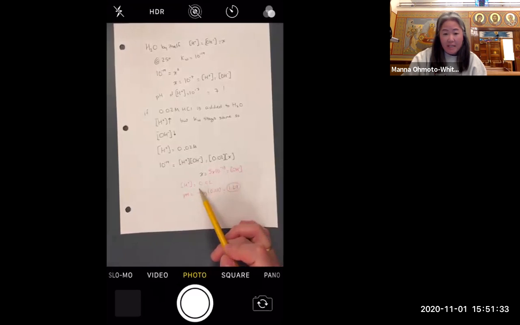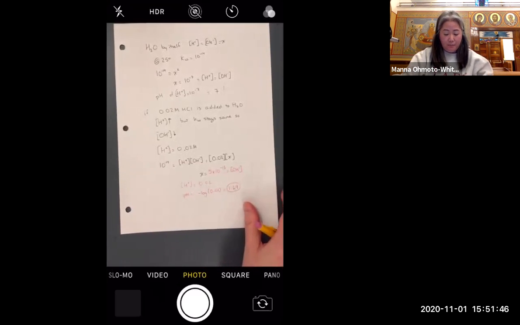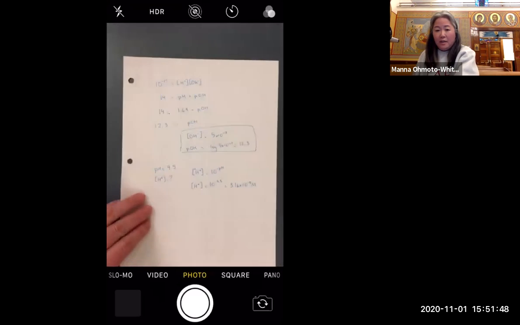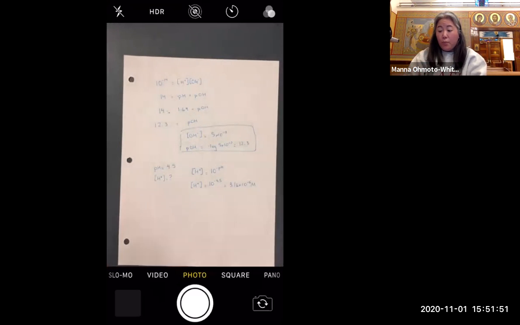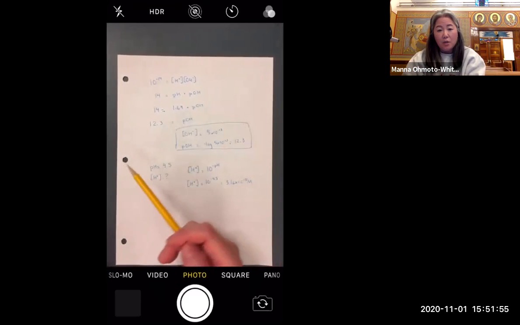So my X is going to be equal to 5 times 10 to the negative 13th moles per liter of hydroxide ions. So I'm really increasing my hydrogen ion concentration. My pH, which is the negative log of that, would be 1.69. So knowing this, I can look at the relationship between pH and pOH.